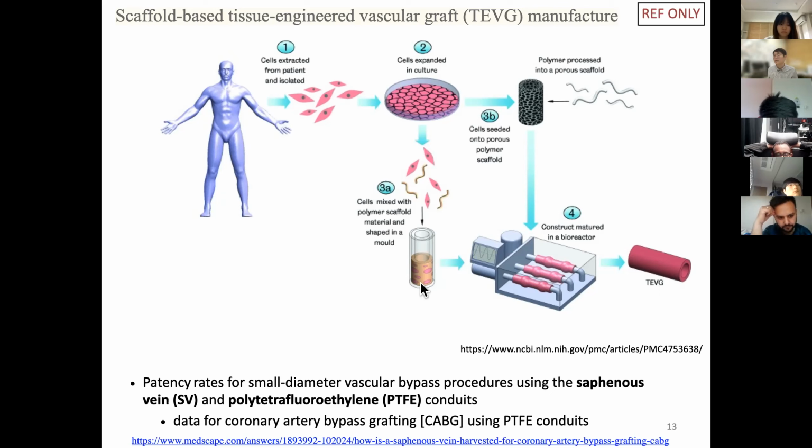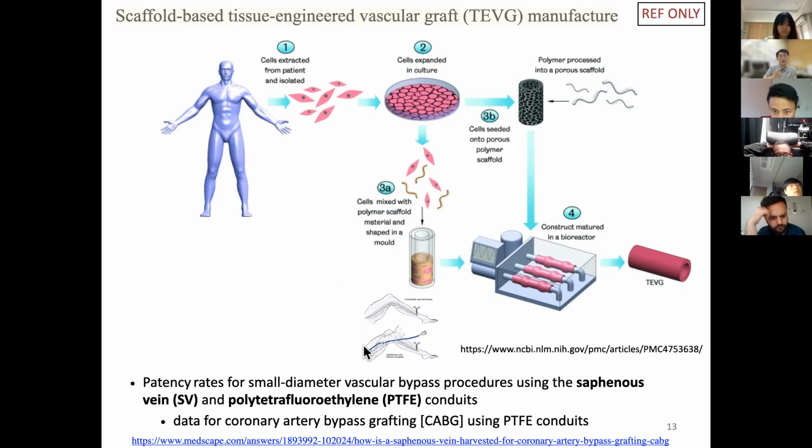So let's take a look at the data. Your own vessels are probably the best. To get it, from the patient's leg, you can have a small, simple procedure to take out the veins, called the saphenous vein, and then use this for bypass surgery.